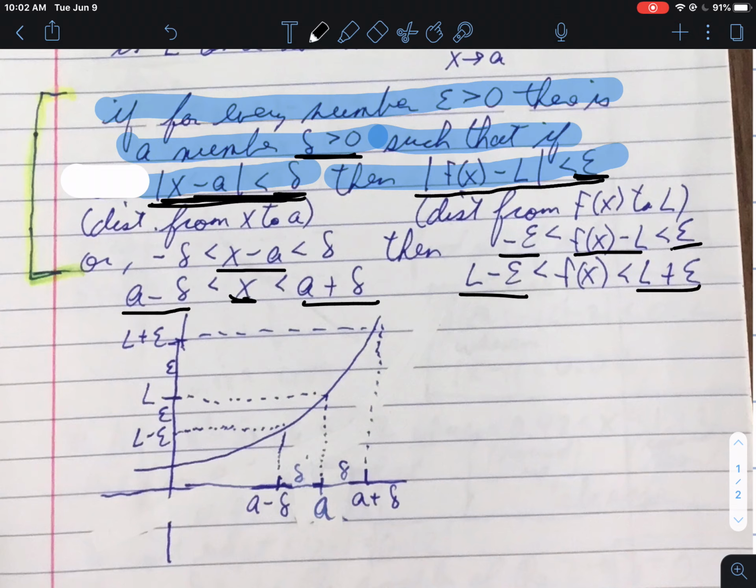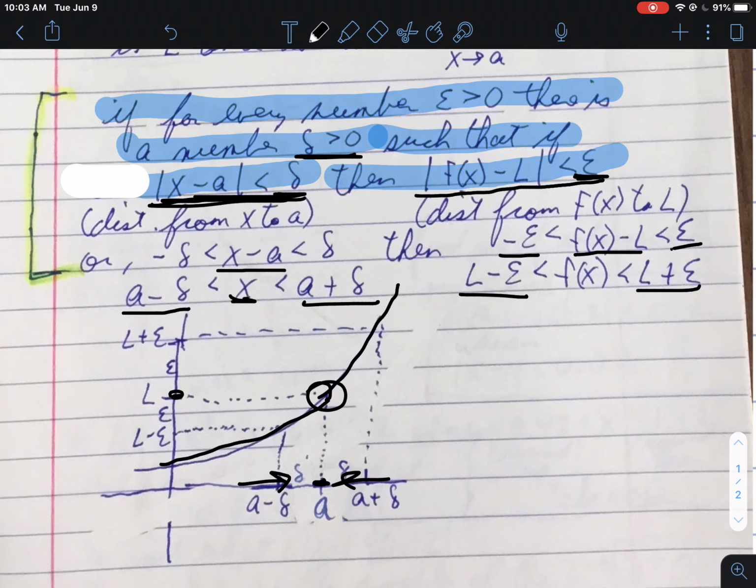But here's a graphical representation of what we're talking about. Remember our graph: as x approaches a, f of x is approaching L. As we move along our graph, as we approach the a value from the left or from the right, we have our function value approaching our L value.